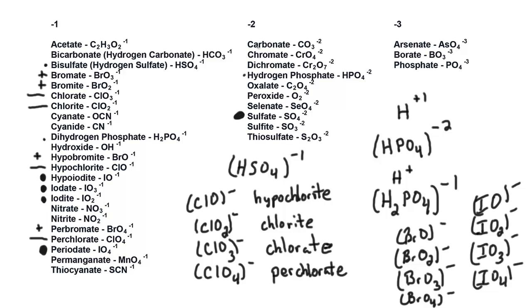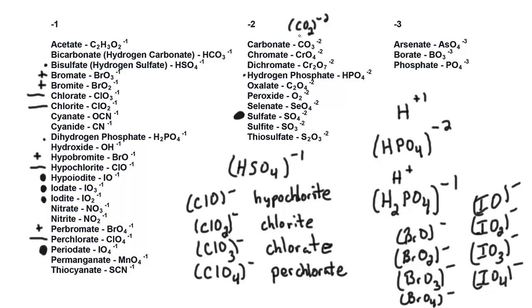Now, notice that I said carbonate, CO3, has a -2 charge. One less oxygen. I know it's not listed here, so unless you know it, you won't know the answer unless you paid attention.